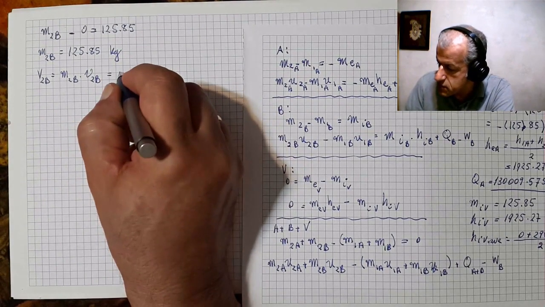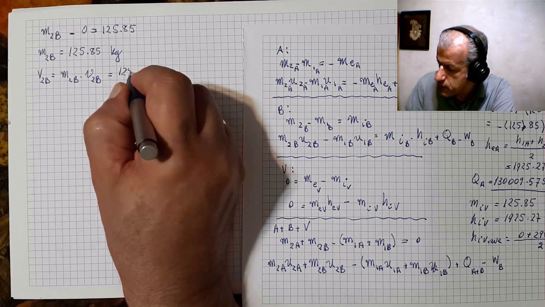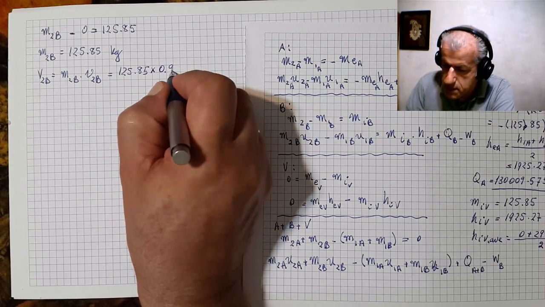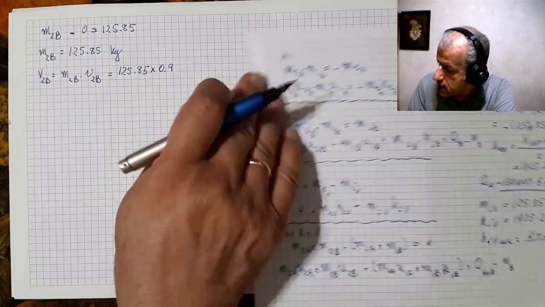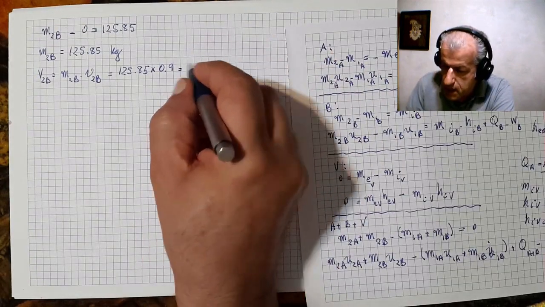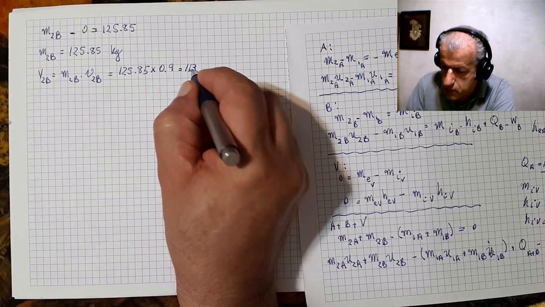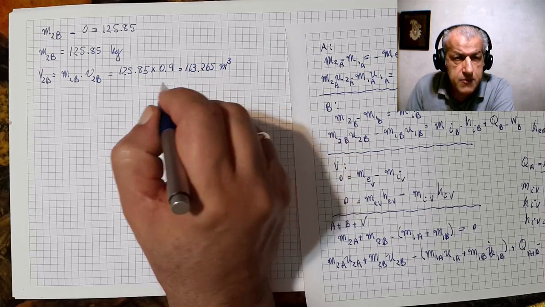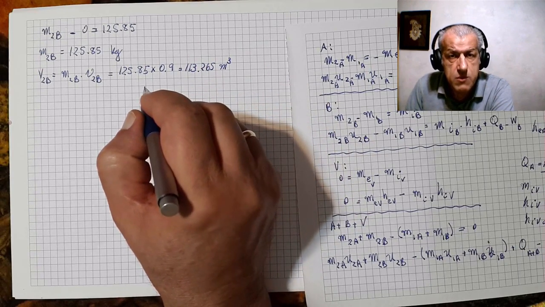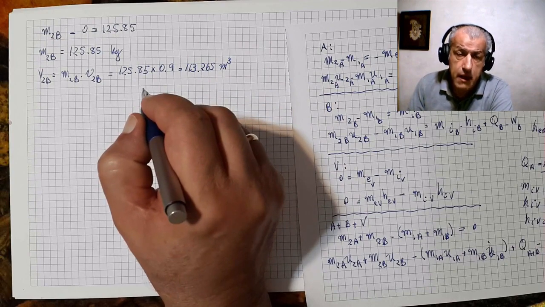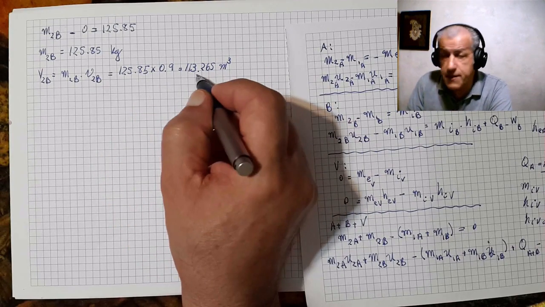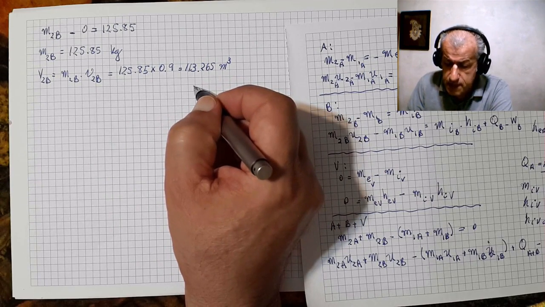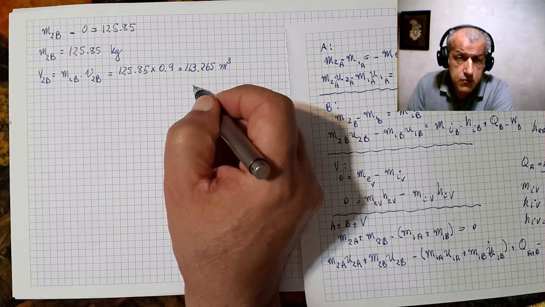That equals 125.85 times 0.9, which would finally be 113.265 cubic meters. That means that the piston moves up and the volume in B starts from 0 and ends up to be 113.265 cubic meters.